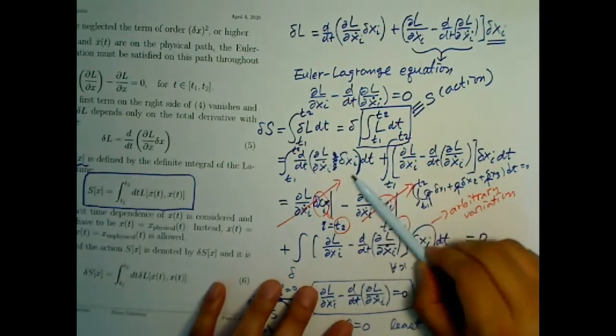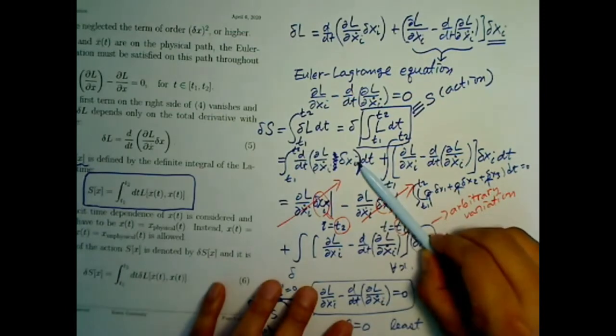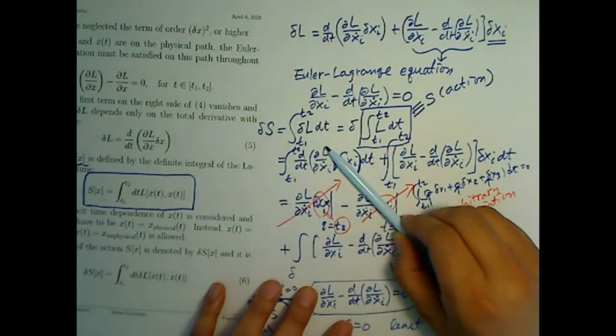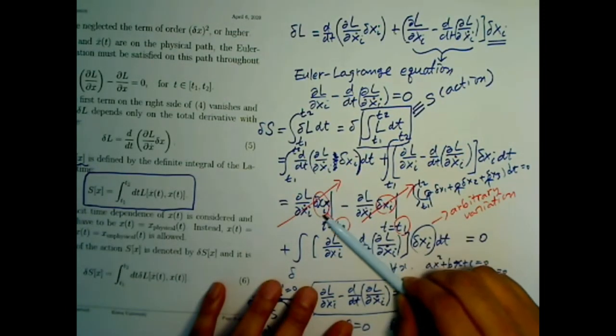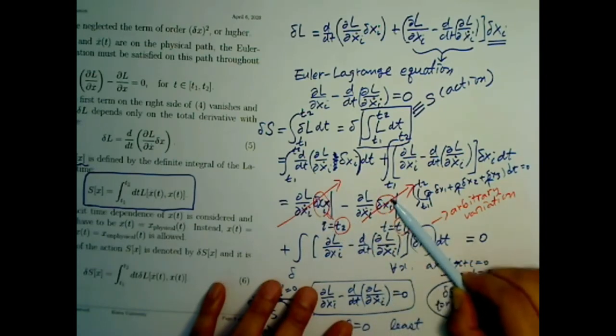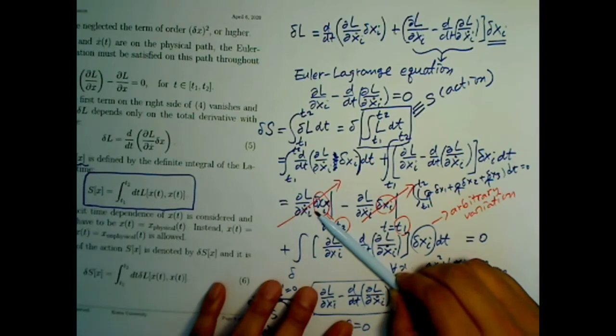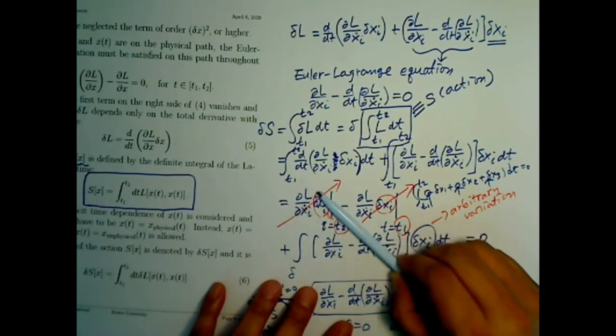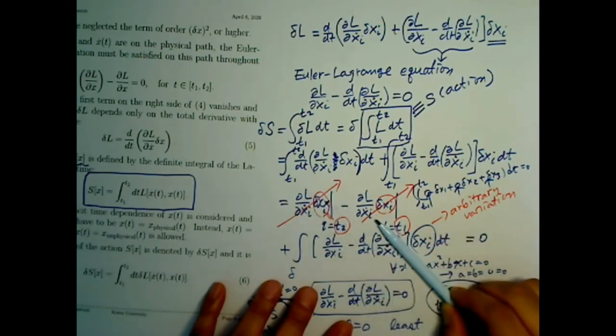And the first piece, the total time derivative contribution, is integrated out. And we have the variation at the endpoint t2 and the variation at the endpoint t1, whose coefficients are the conjugate momentum at the endpoints.